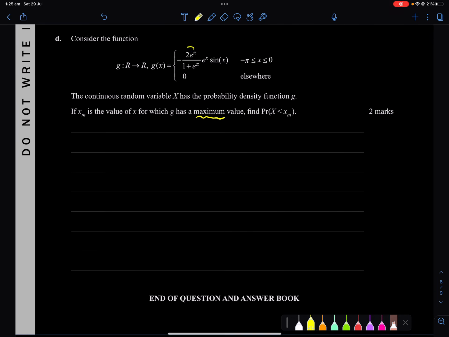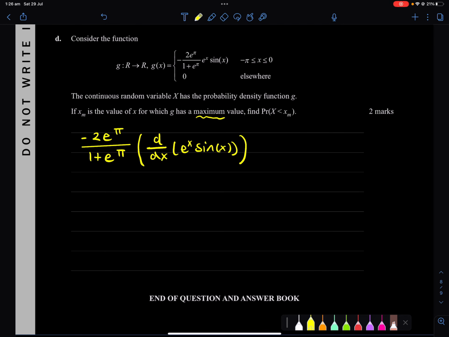So first, the first part of it is a constant, so I can just take that out and put it over here, all over 1 plus e^pi. And so we want to find d/dx, the derivative of e^x sine x.